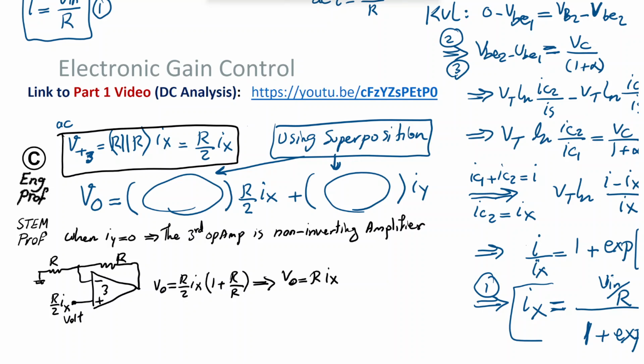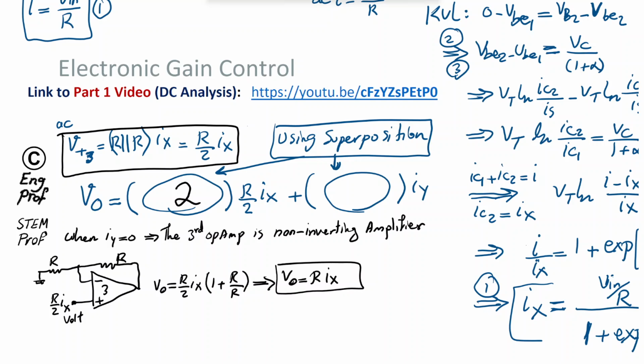Of course, we need to be careful. So what we get in this scenario is the contribution of Ix to the output. All I'm saying is this coefficient turned out to be 2 here, times R over 2 Ix. Okay, so we found the contribution of Ix.